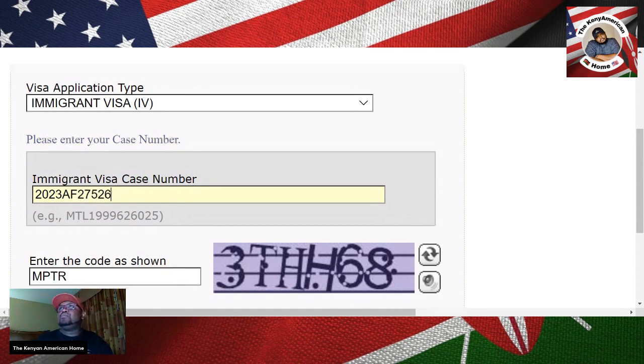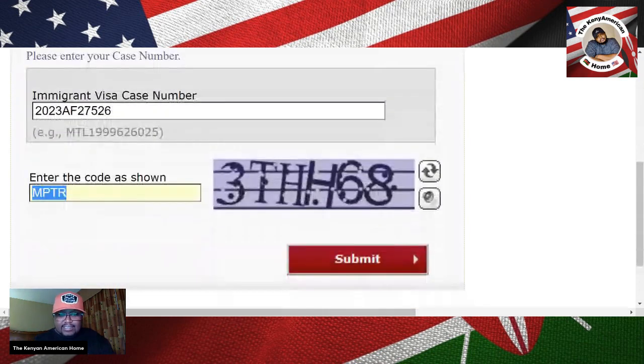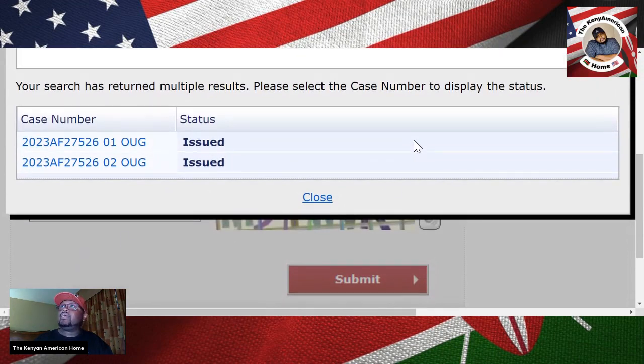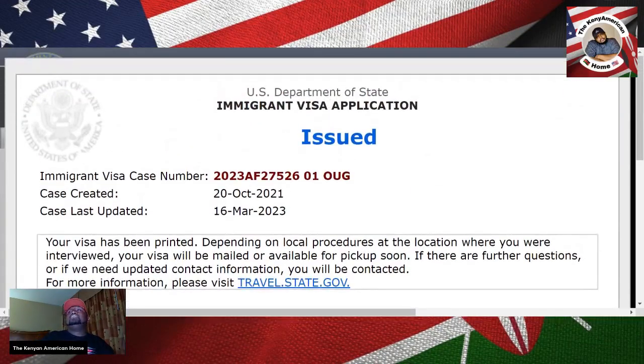This is what everybody is looking for: you go to the embassy, you have your information correct and everything is good, and they look at your application and say, welcome to the United States of America. You get your visa issued. This is the last status, the best status that you want to get. The best possible scenario is to get issued with a visa.